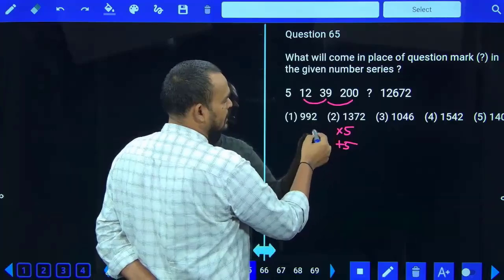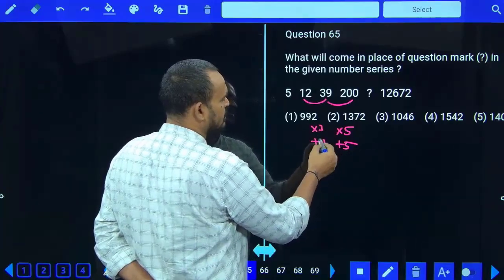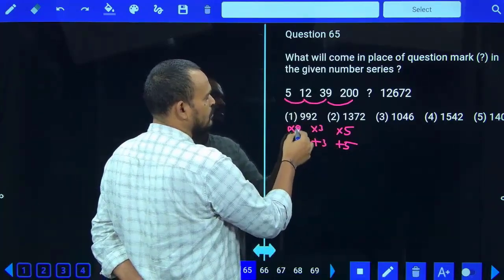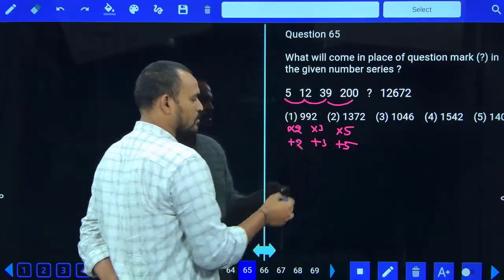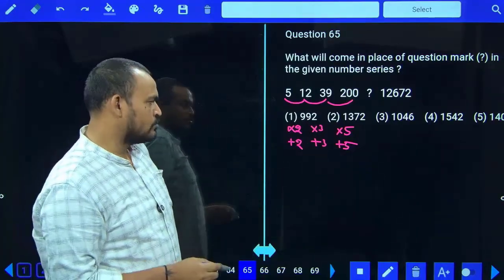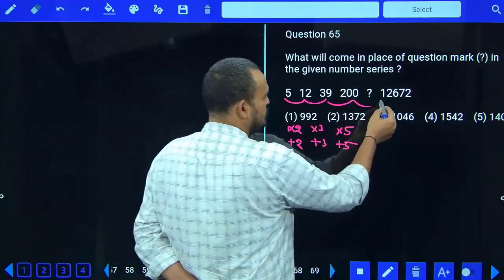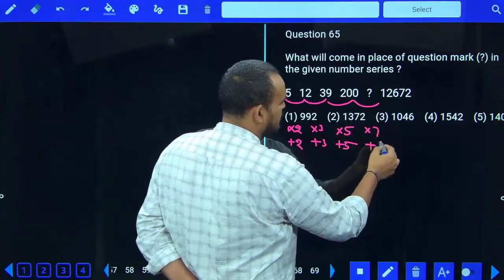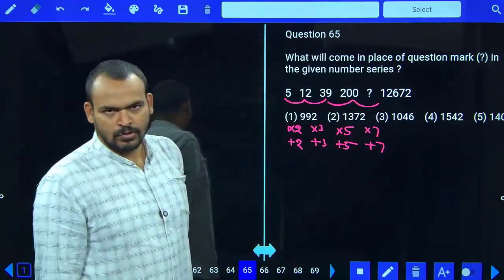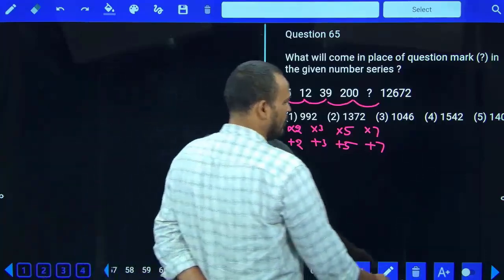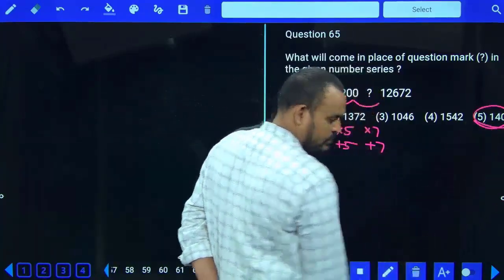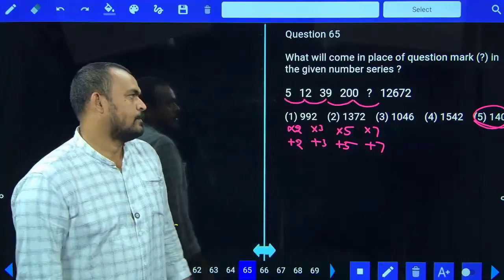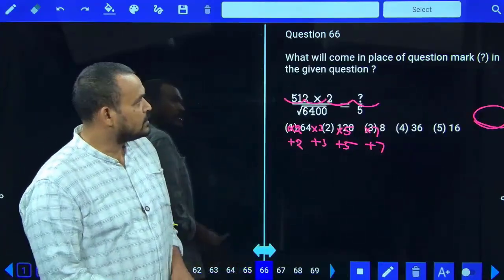Next 12 and 39, into 3 plus 3. Next here into 2 plus 2. 5 twos are how much? 10 plus 2 means 12. What the next one? Into 7 plus 7. 200 into 7 is 1400 plus 7 means 1407. Which option? Fifth one.